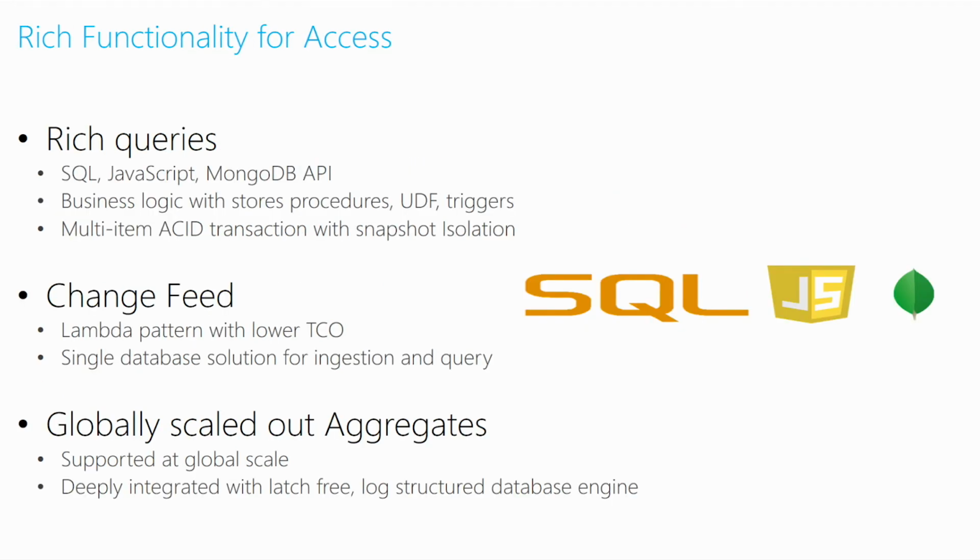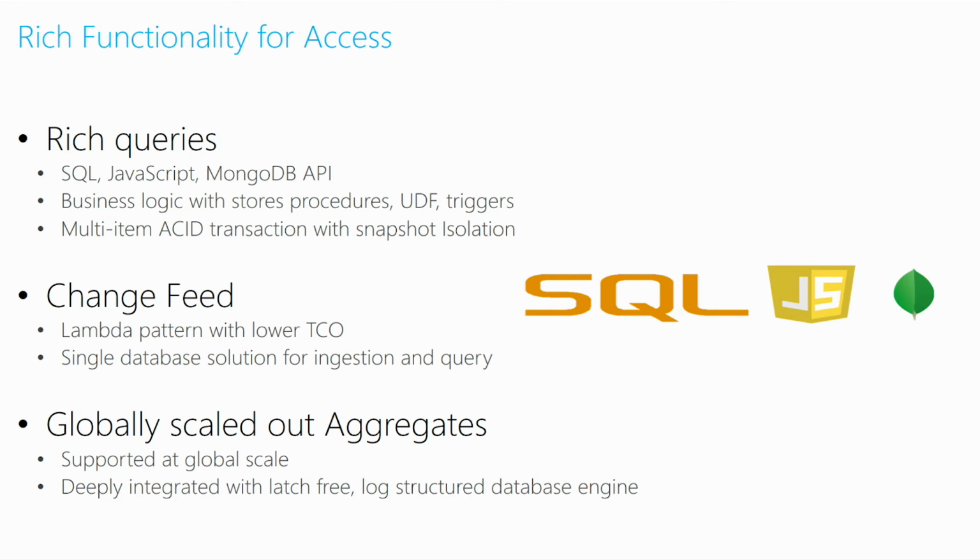In terms of accessing data in DocumentDB, DocumentDB has support for rich queries in SQL using JavaScript or the MongoDB API. You can add business logic to your DocumentDB database with stored procedures, user-defined functions, and triggers.